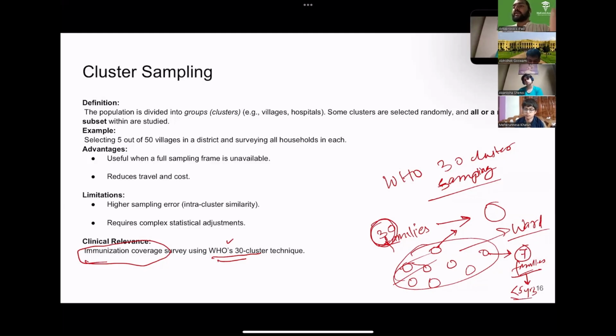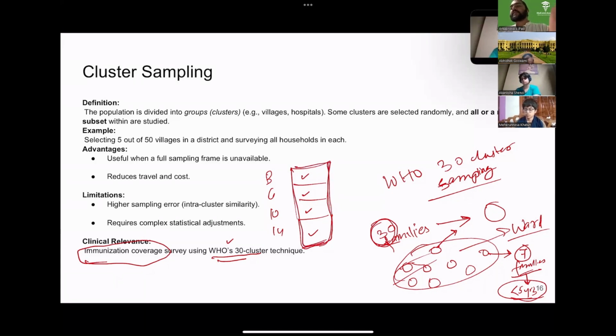Every kid will be studied in terms of all the vaccinations they are to receive. So at birth, at 6 weeks, at 10 weeks, at 14 weeks, they will check if the vaccination record is complete, right? And if the record is incomplete, let's say, what is the expected vaccination rate for herd immunity to stay?